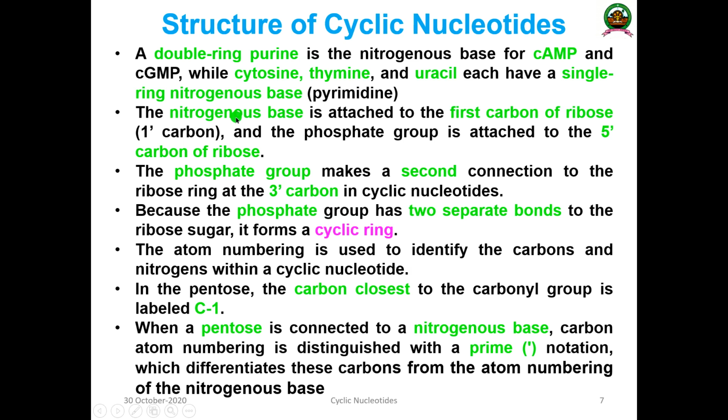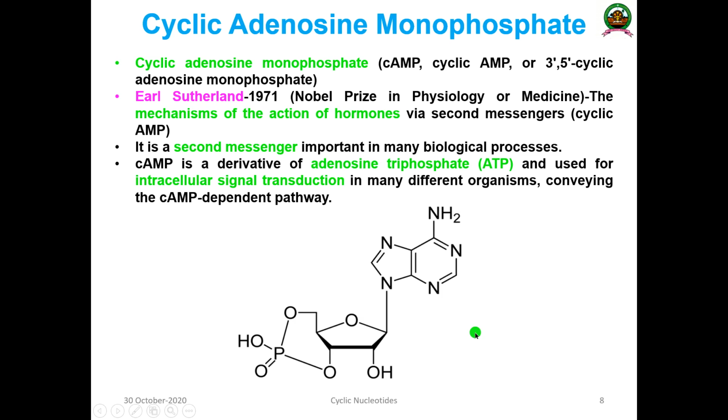That prime notation differentiates this carbon from the atom numbering of the nitrogenous base. So the carbon that is attached to the pentose and attached to the nitrogen base is denoted with a prime. So that is the numbering system.